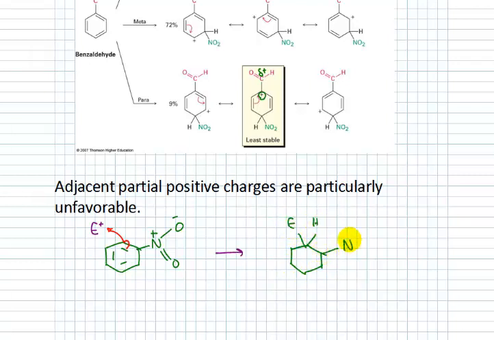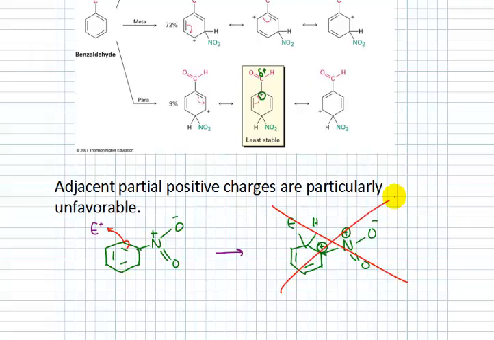Here's N+, O-, double bond O, two double bonds in the ring, same as before, but now I have a plus charge. I have two adjacent positive charges. Okay? The nitro group itself is strongly electron withdrawing, but we're trying to take even more electron density away from that plus charge, making it even less stable.